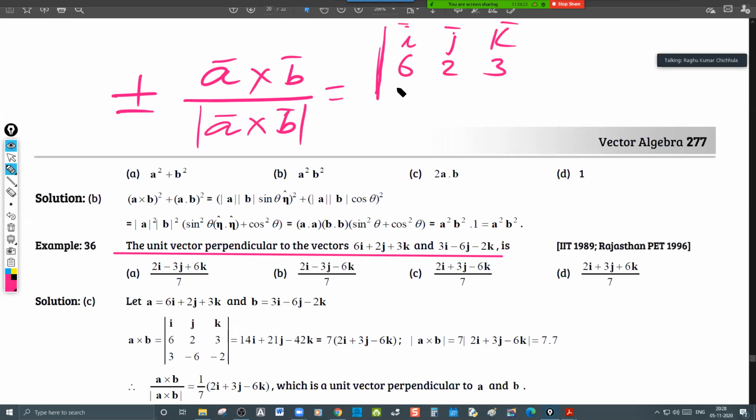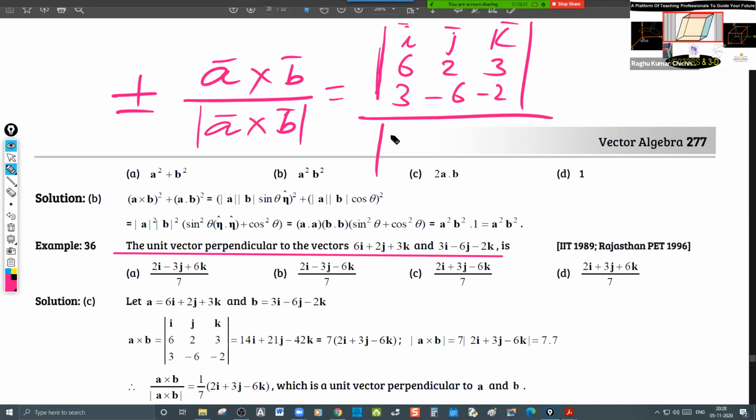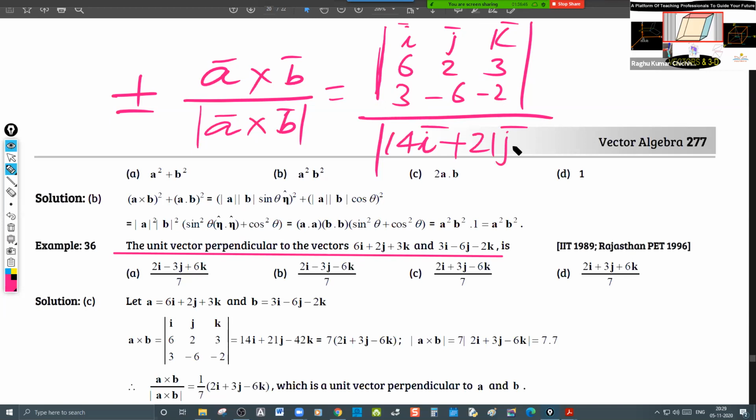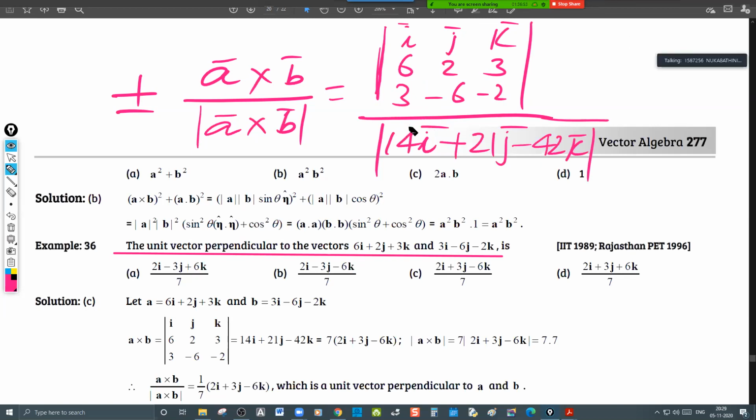Equal to the modulus of this: 36 plus 36 plus 36, divided by 14. Then 9 plus 12 plus 12, 21, minus 36, minus 6, minus 42. That's it, this is the unit vector. Writing it in simplest form, taking 7 common, it is 2i plus 3j minus 6k.